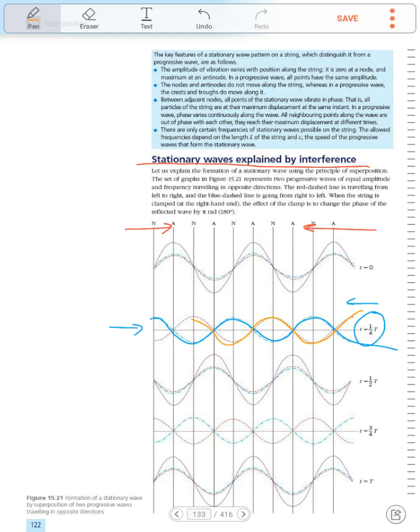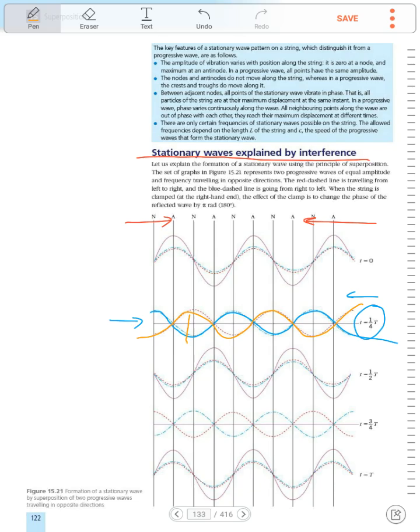They are moving in opposite directions, and there is a phase difference of about 180 degrees, so they cancel each other. So at the beginning you see a wave like this, then you see this line. Then you see this shape, you go back to the line, and back to the same shape.